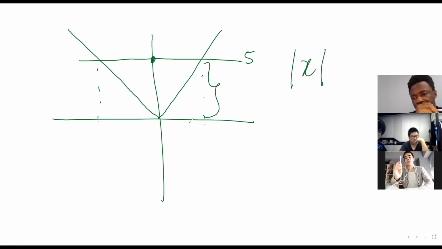But at this point, if I have my 5 is still within, my 4 is still within, 3 is still within, right? 0 is within it. Minus 1, minus 2, minus 3, up to minus 5 here.